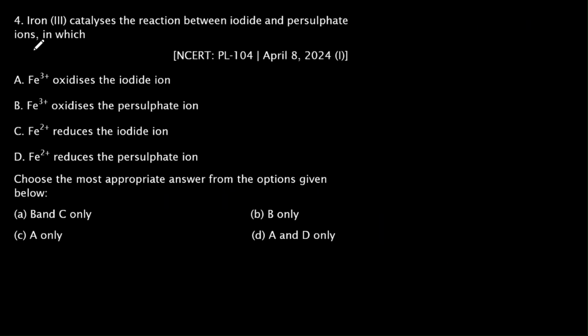Iron 3, that is Fe3+, catalyzes the reaction between iodide and persulfate ions. So you have to know that Fe3+ gains 1 electron and is reduced to Fe2+. So this is the reaction, and they are telling us it is acting as a catalyst. So again, what will happen? This Fe2+ again loses 1 electron and it will again become Fe3+.